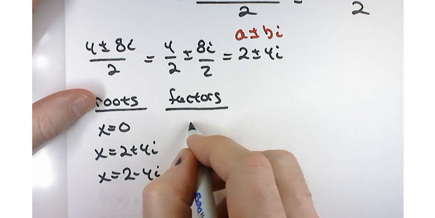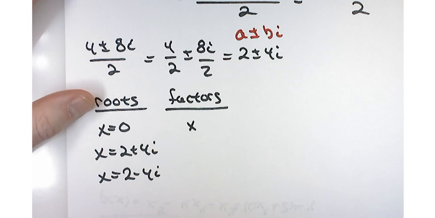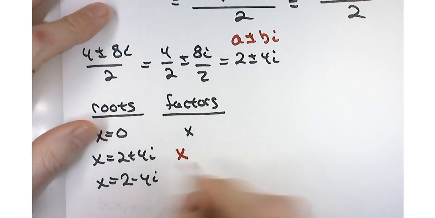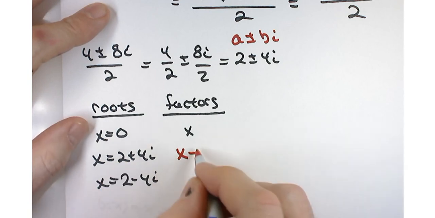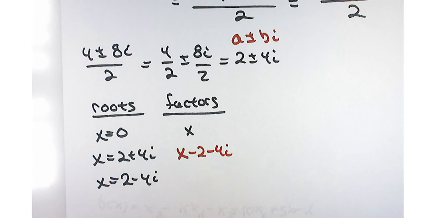The factors that correspond to this would be an x here. How about this one here? x minus 2 plus 4. Actually, both of them have to change sign.